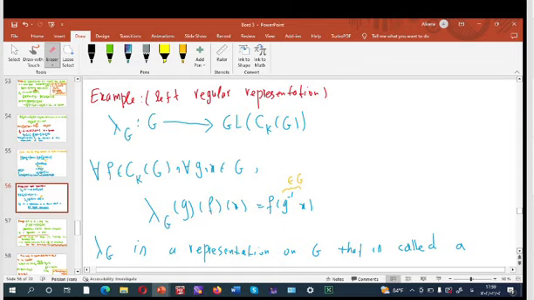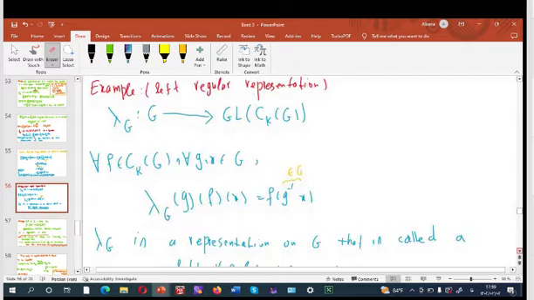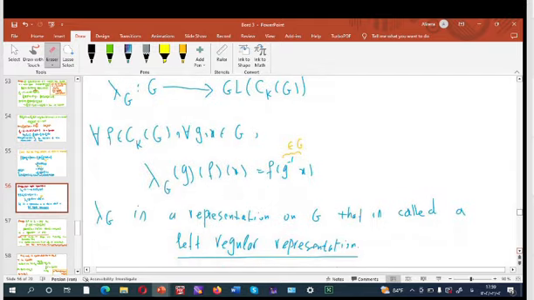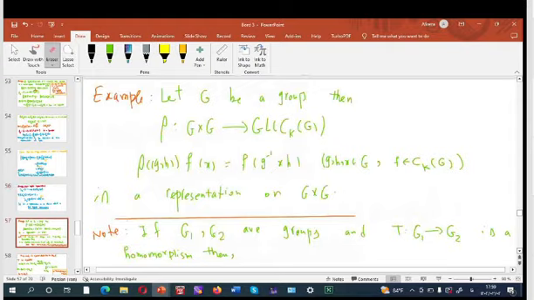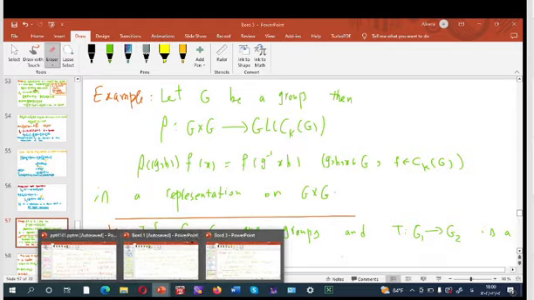Okay, then lambda G is a representation on G that is called a left regular representation, and we see this definition: rho from G times G to GL of Ck of G by this function rule, and we see that this is a representation.